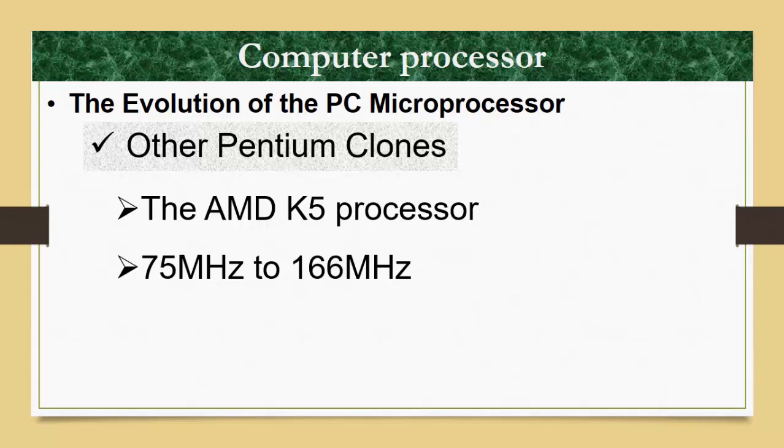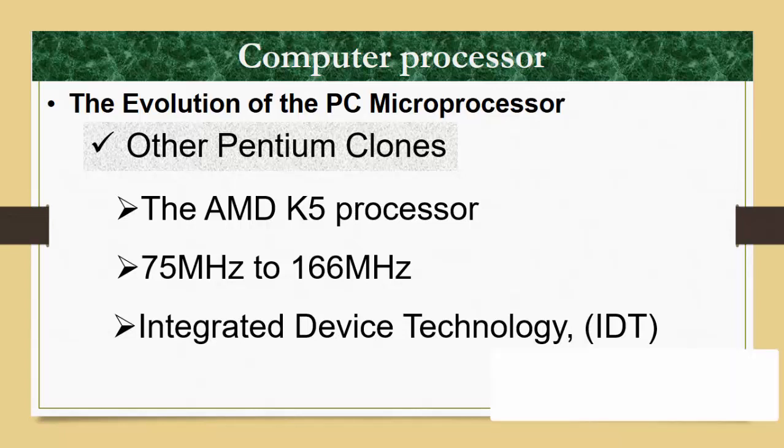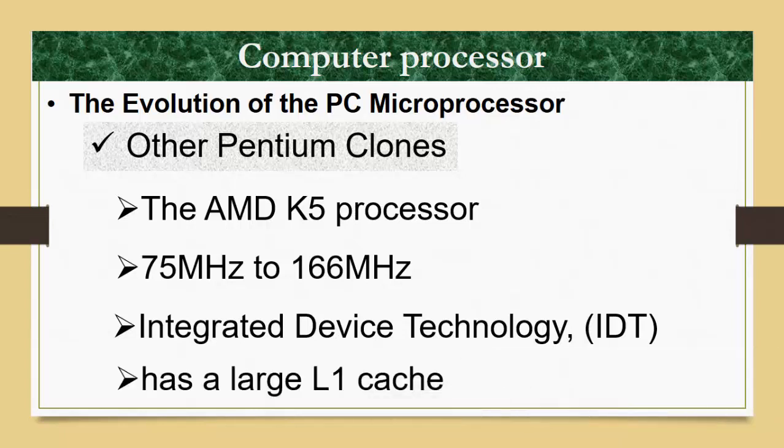The Integrated Device Technology, or IDT, WinChip C6 included MMX extensions, had a large L1 cache, and was less expensive than the 200 megahertz Pentium MMX. Okay, students, let's go ahead.